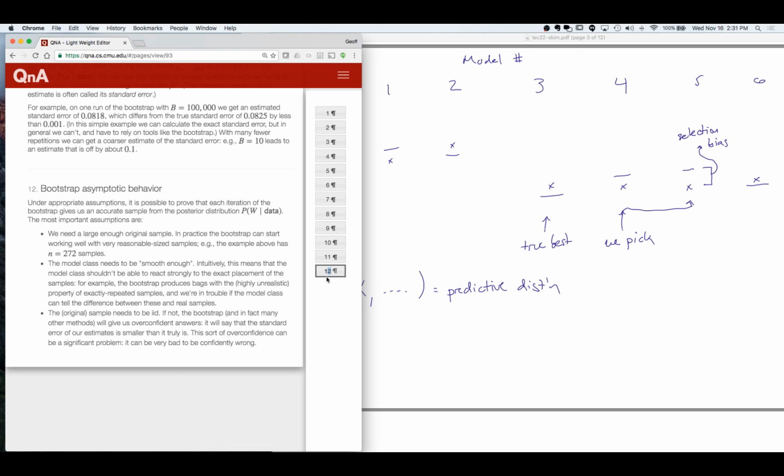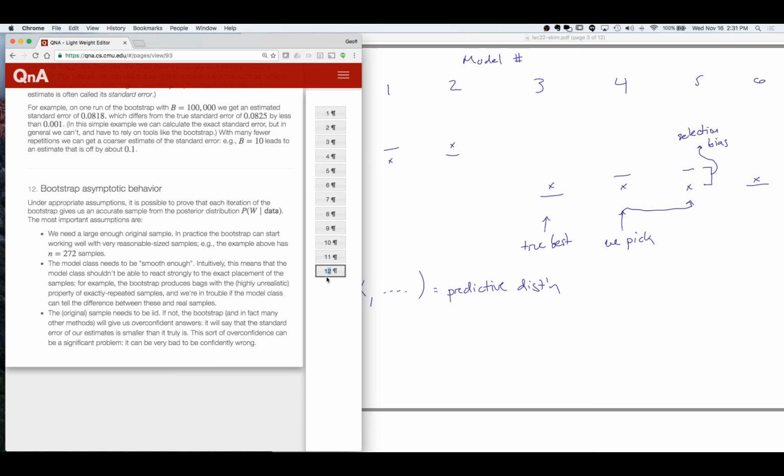The first assumption is that you need a large enough original sample, because if you have a small sample, you're not going to see the true variability of the data, and every one of your bags is going to contain a lot of exact repetitions, so you get a poor representation of your true probability distribution.